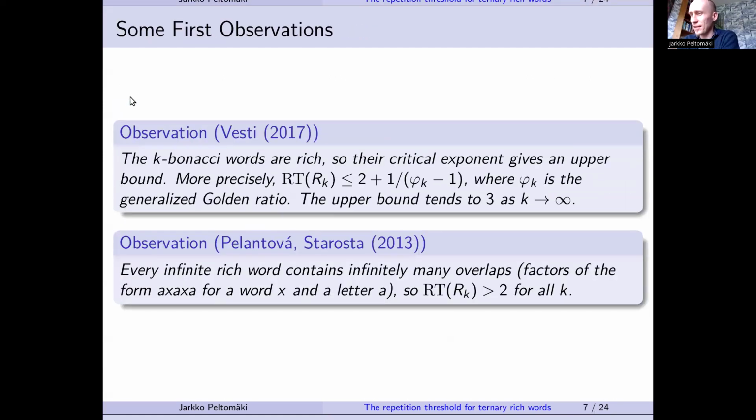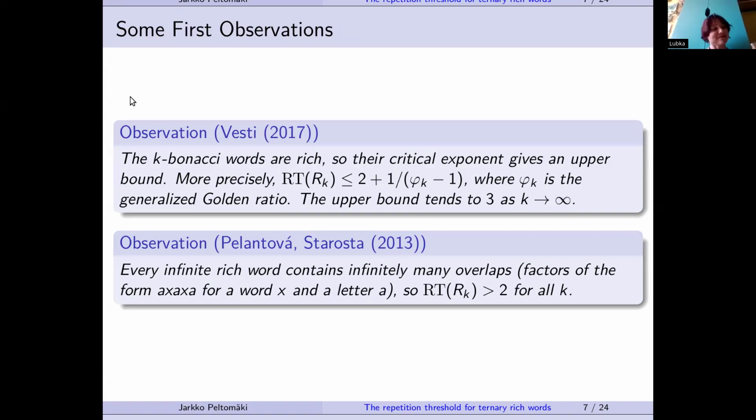I would like to mention something, because with Edita Pelantova we recently published a paper on repetition threshold of epistolarian sequences, epistolarian words, and in connection with this topic, I was going through old results concerning Fibonacci words, and I can see that Vesti, when he says that the critical exponent of the Fibonacci word is this value, cites the result by Glenn and Justin.